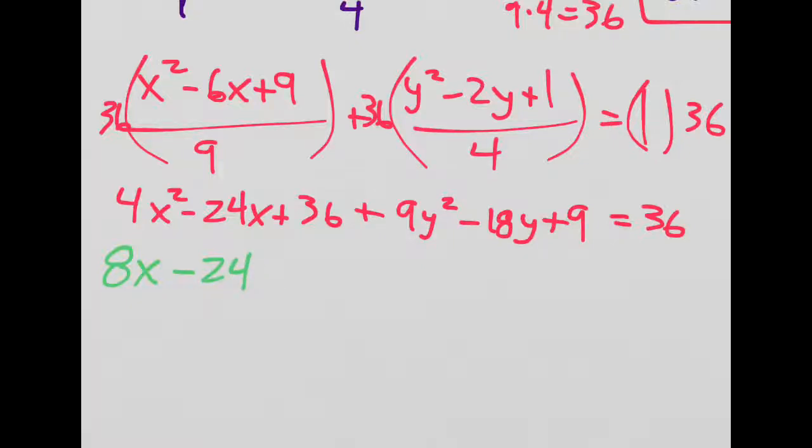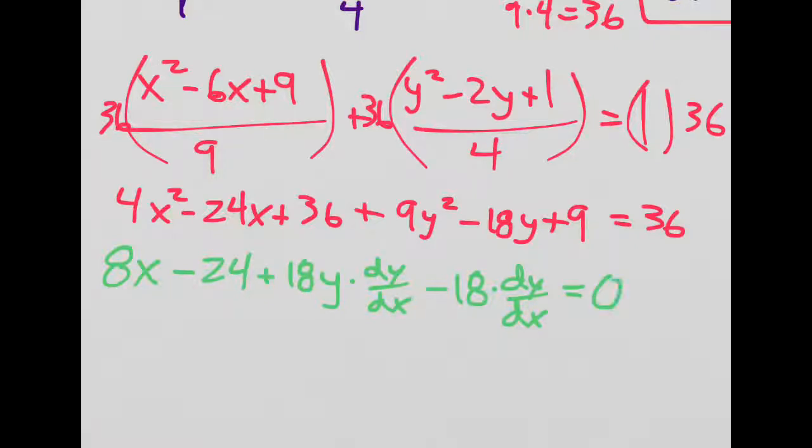The constant term 36 goes away, so then I'll be left with plus my 9y squared will go to 18y times dy/dx, minus 18y will go to 18 times dy/dx, and then the 9 is a constant term, so that derivative is 0, equals the derivative of 36, which is 0.